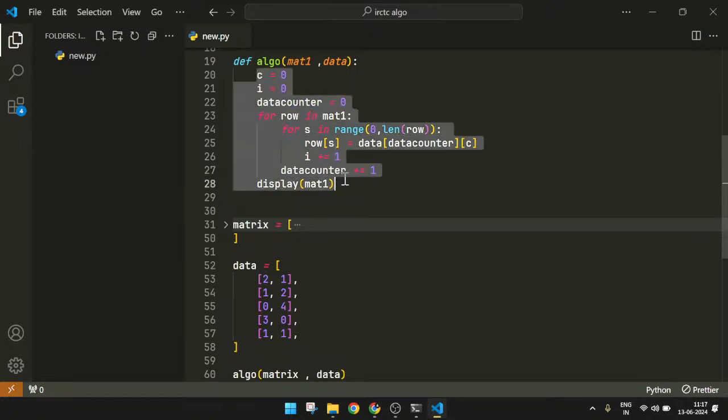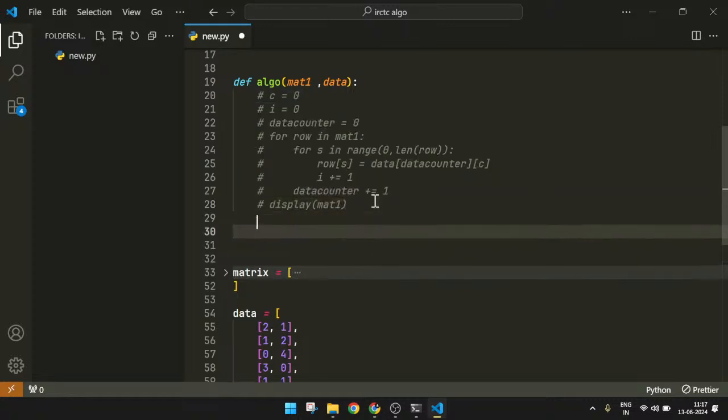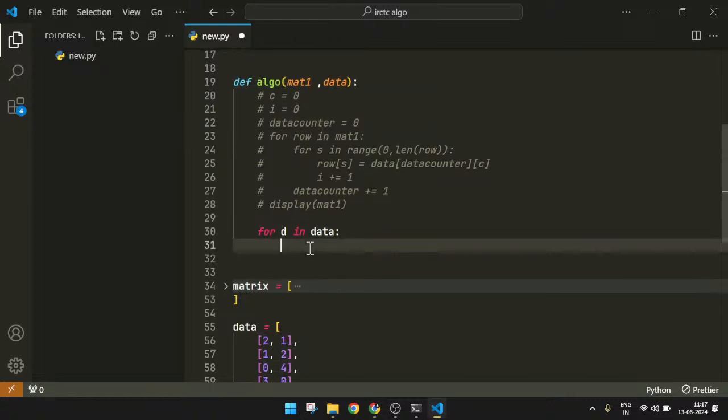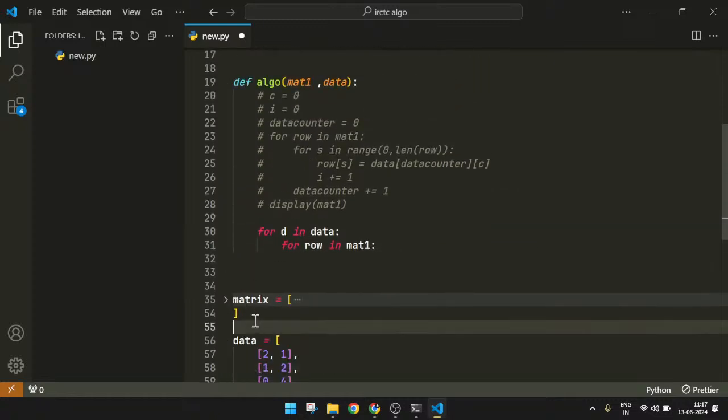Actually, I don't want to loop this first. I'll not be looping that. I'll be looping d in data. After looping this, I want to loop this matrix.